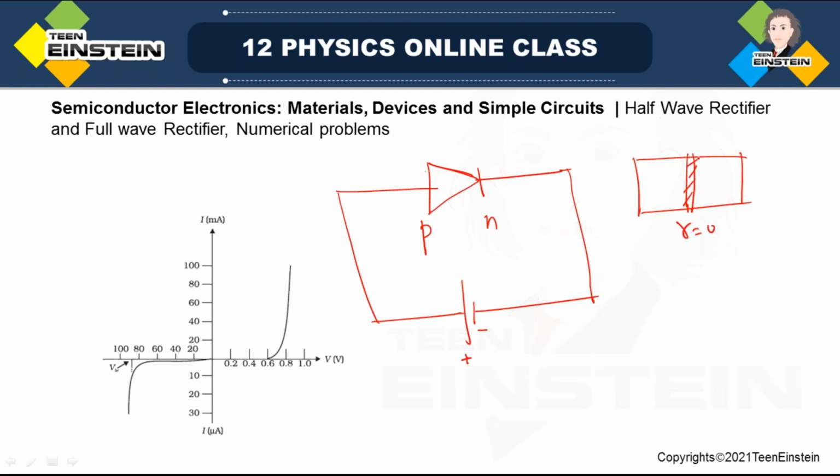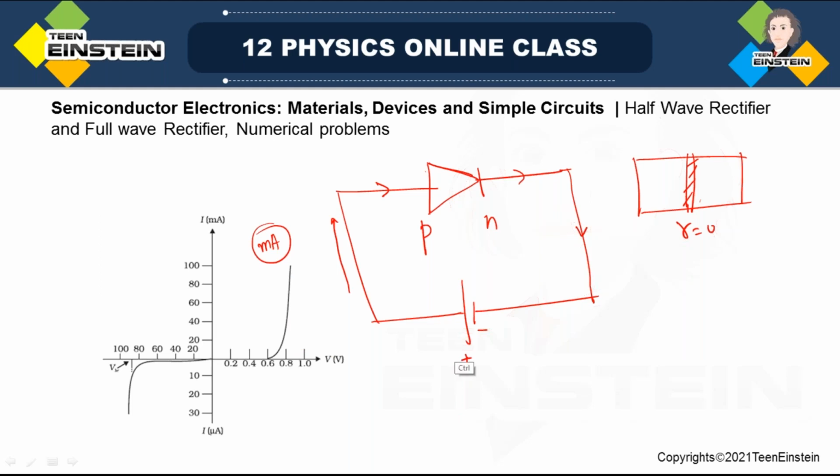So resistance provided by this junction will be ideally zero, and then current will flow in the circuit this way, P to N. And we have seen the IV characteristics of a PN junction diode. There will be a threshold voltage, after that a gradual increase in current with increase in voltage, and it has current of the order of milliampere.